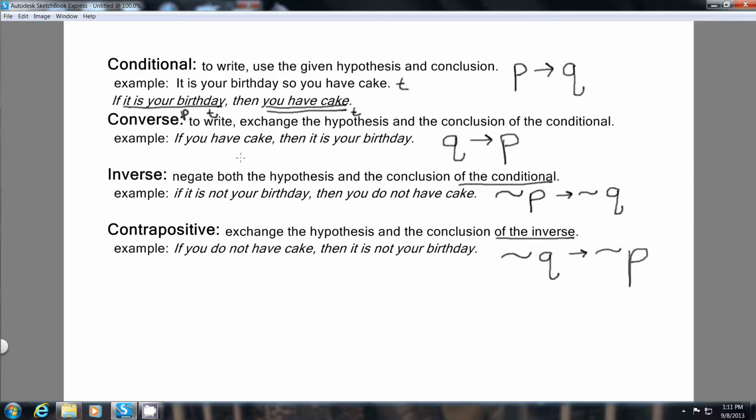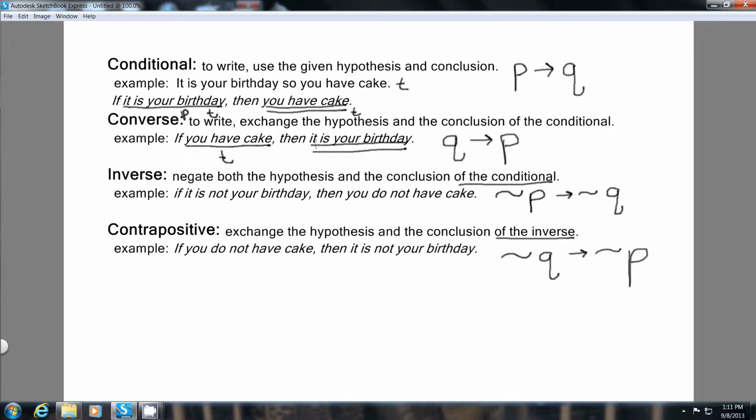In the converse, if you have cake is now our hypothesis, then it is your birthday is now our conclusion. We have to decide whether the converse is true. You have cake, that is true. It is your birthday.